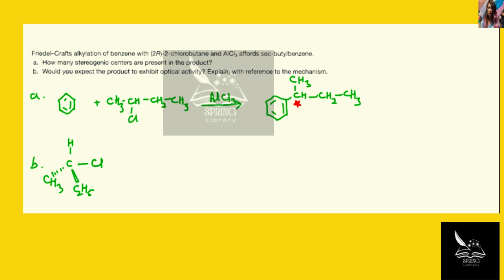So this is the alkyl halide given, and it first reacts with the aluminum chloride.